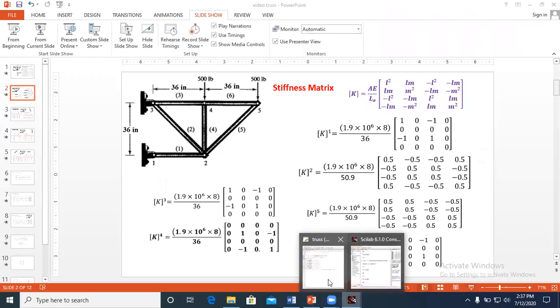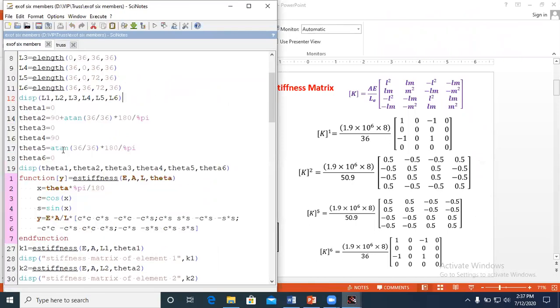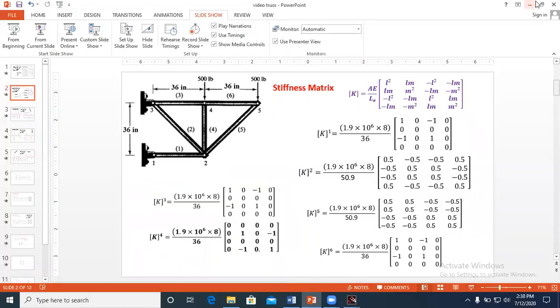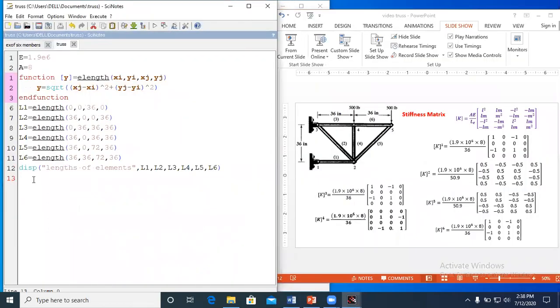Now here we have Scilab codes. First you have to define the theta. Calculate the theta. We need the theta value for all elements. For the first element, I will write theta 1 equal to 0.